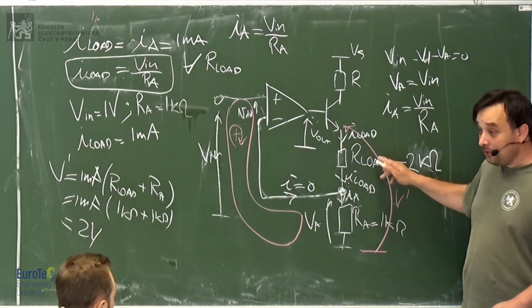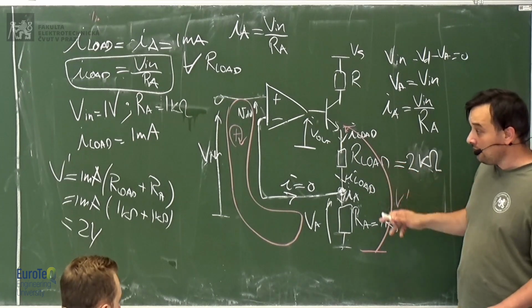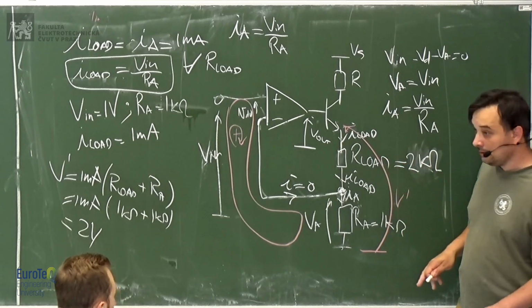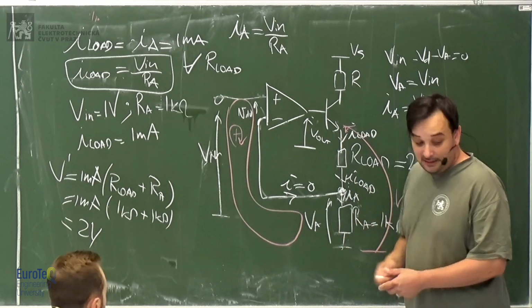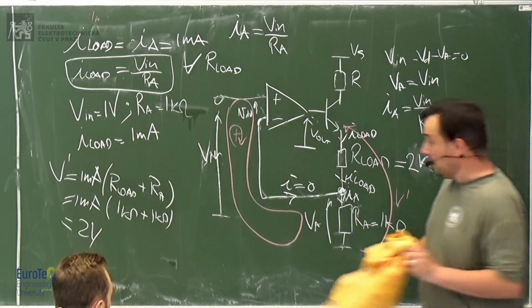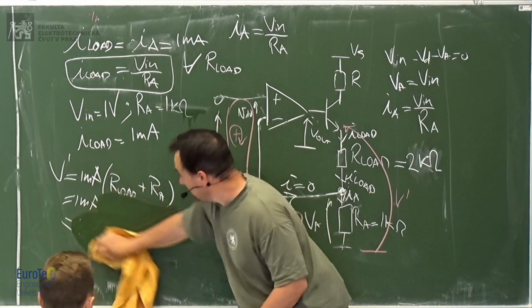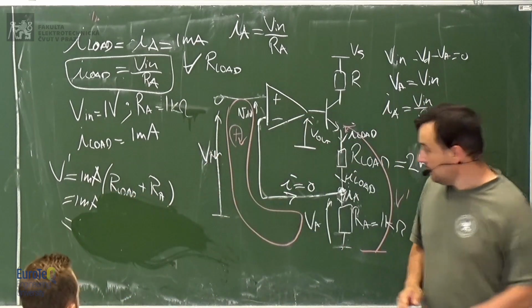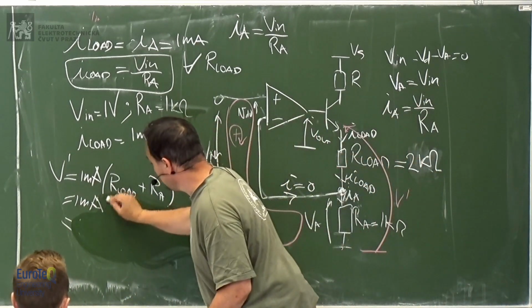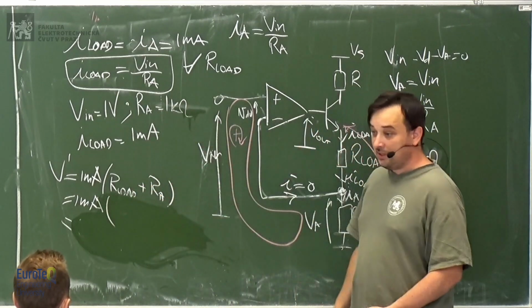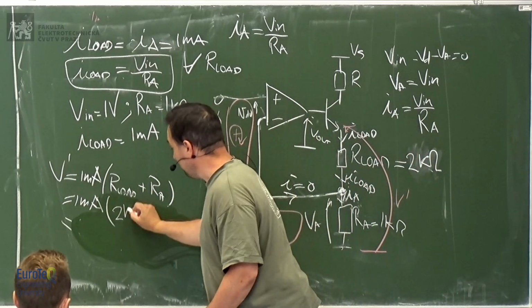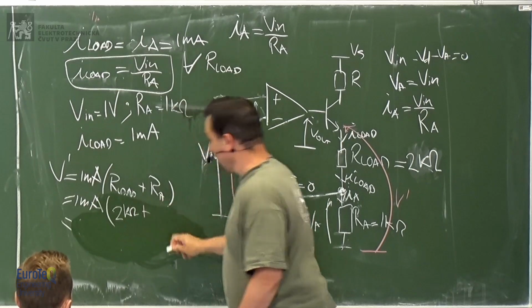So what if you change the load? You change the load and you have 2 kilo. It will self-balance itself. It will create another voltage. So now you will have 1 milliamp times the load. Now it's not 1 kilo anymore, it's 2 kilo. Okay.